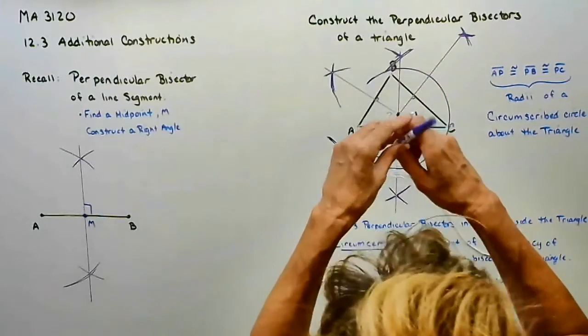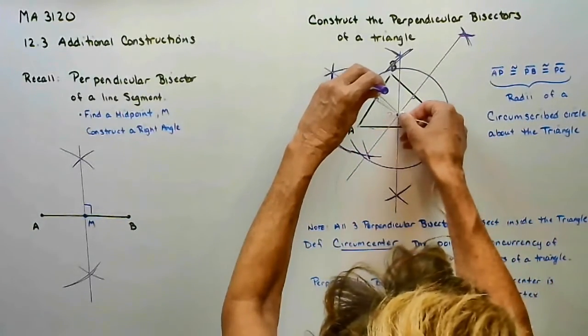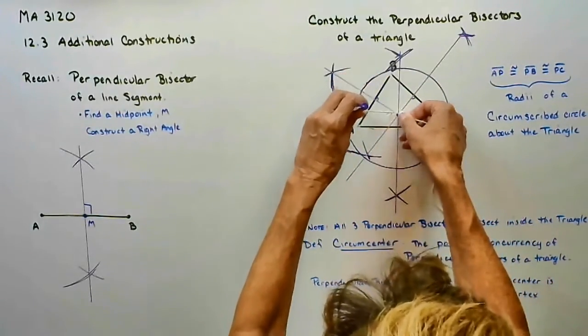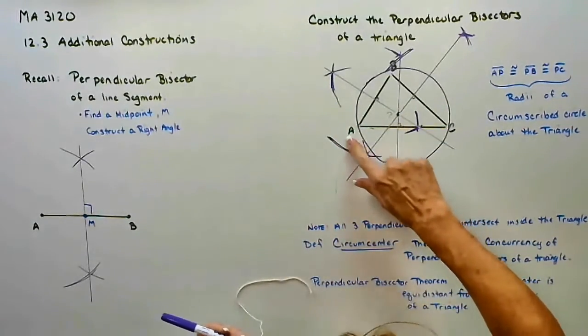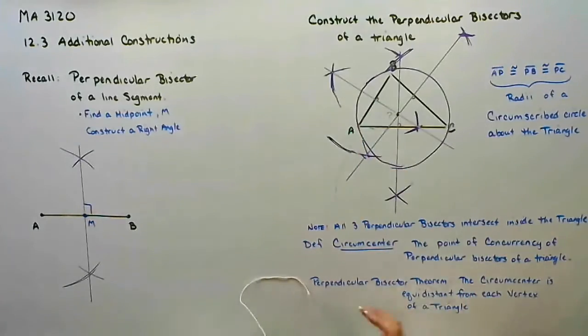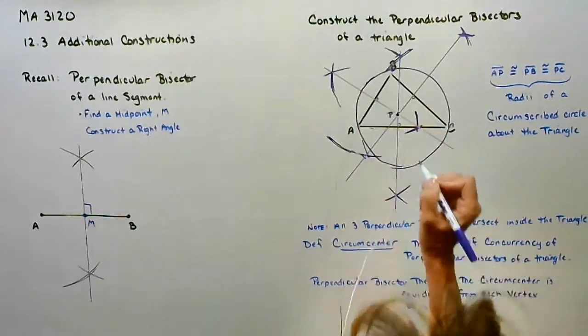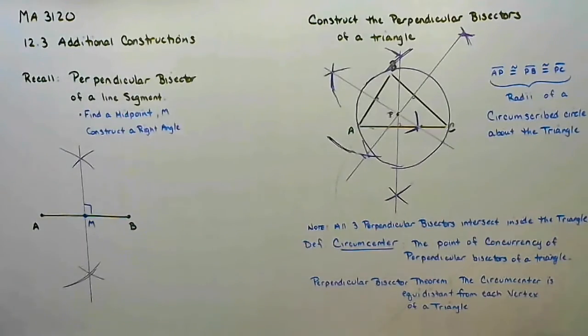It should come around, and I do apologize that this did not match up perfectly. I'm trying to do it left-handed. Your compass will probably work better than mine. We end up with a circle that is circumscribed about the triangle.